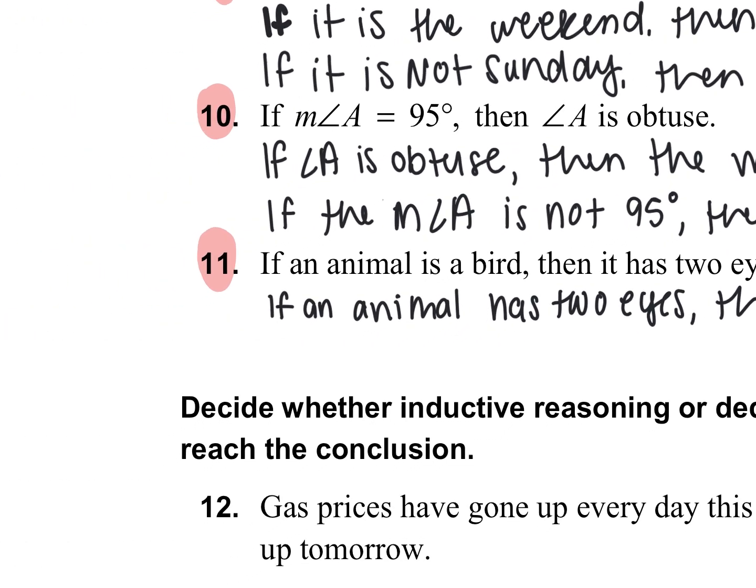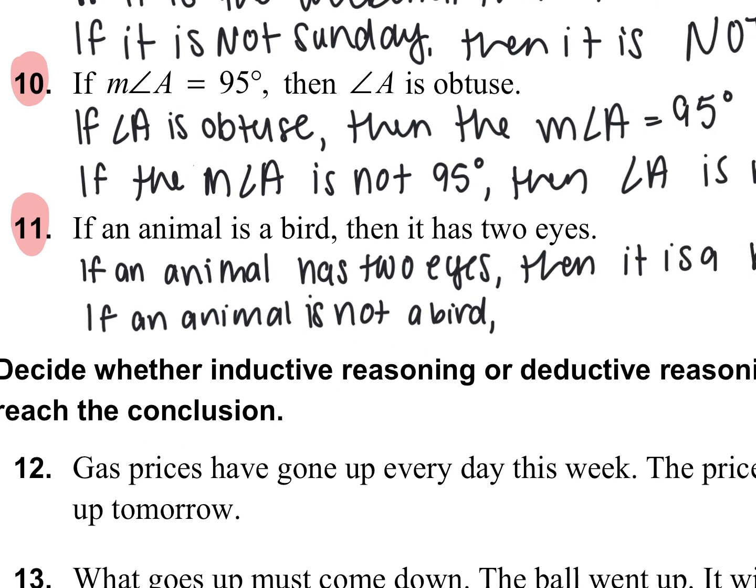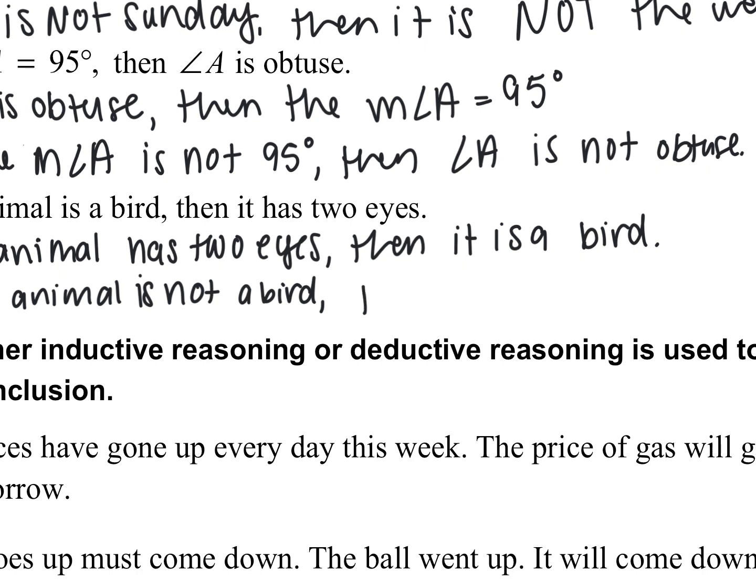And then inverse, if an animal is not a bird, then it does not have 2 eyes.